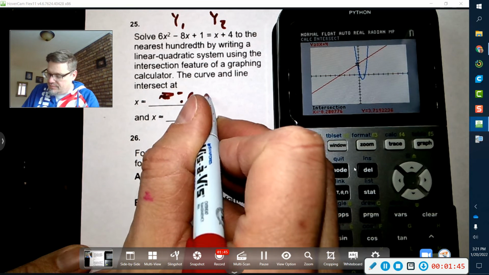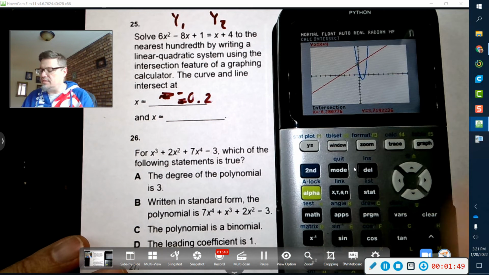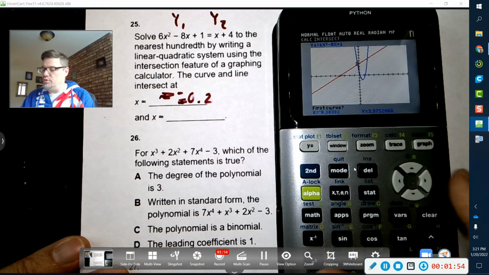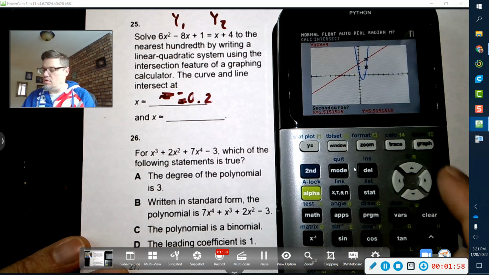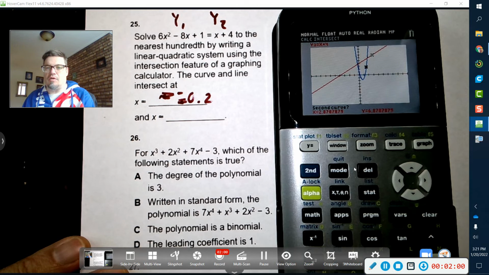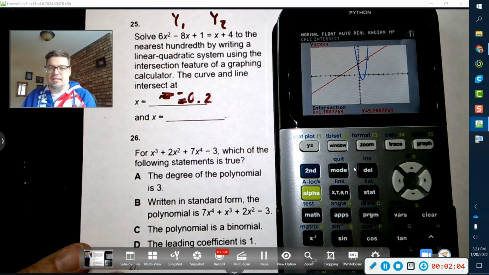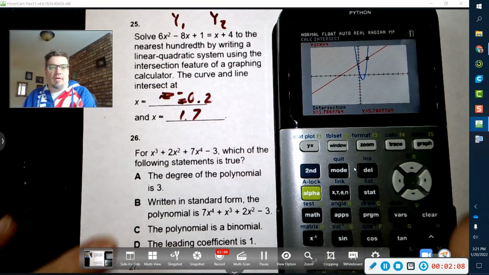How about negative 0.2. All right, so now the other one, I'm going to have to do it again. I go to intersect, but now I'm going to push over to the other side, okay? So first curve, second curve, and then the guess is somewhere around there. All right, you can see that it's 1.7, okay? Those are the two values there, okay?